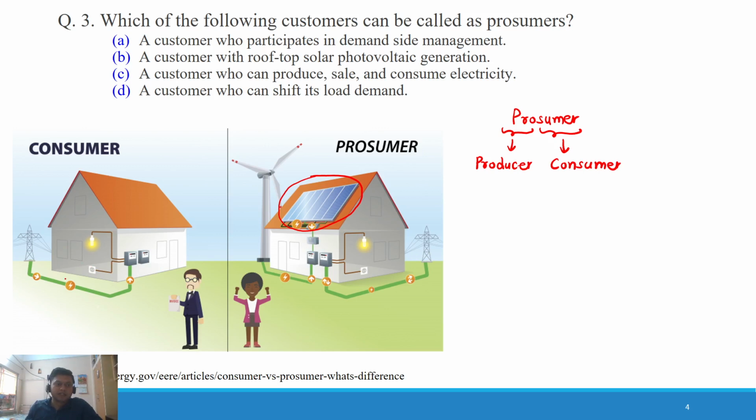In this figure we can see that consumers have unidirectional power flow, taking power from the grid, while prosumers also generate power through solar photovoltaic or wind power generation. They not only take power from the grid, but in the case of excess power generation they feed power to the grid, so they also get monetary incentives and have bidirectional communication with utilities.